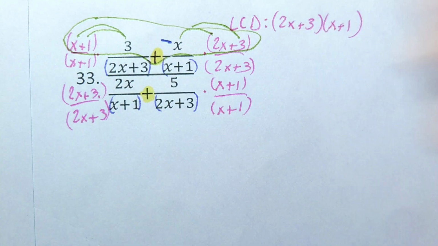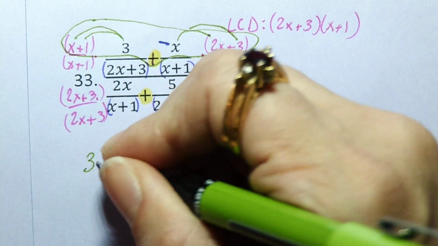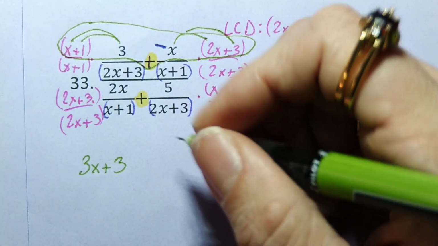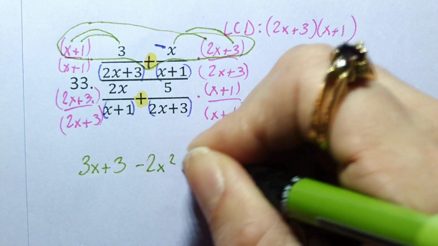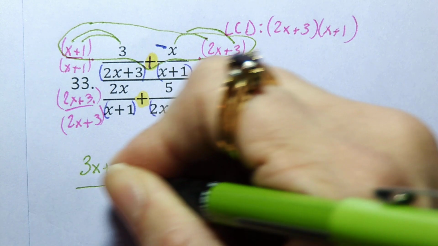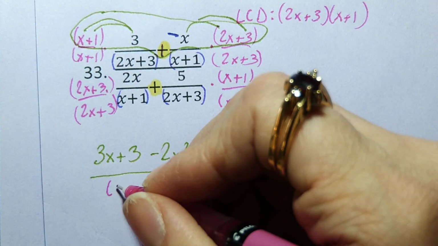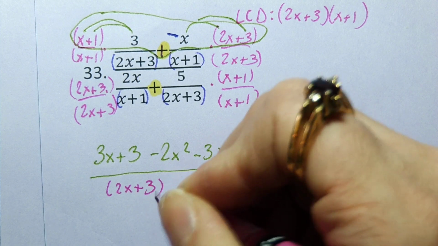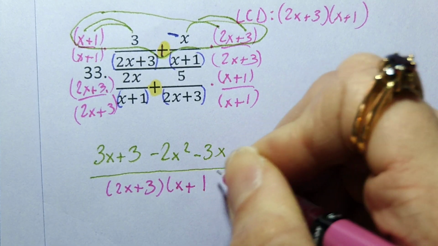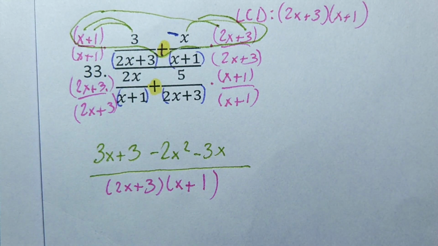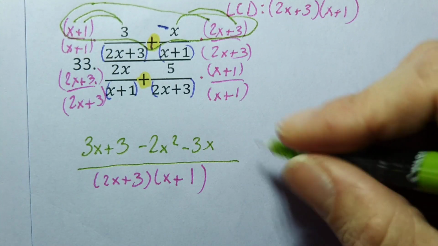So I'm going to show a little less work for this and show my distribution and adding those fractions together in one step. For my top fraction, I'm going to get 3x plus 3, and then distributing that, I'll get a negative 2x squared, a negative 3x, all over the common denominator. So I distributed and then added the tops together in one step. And then we can simplify it.